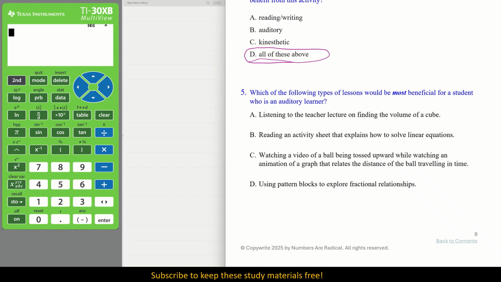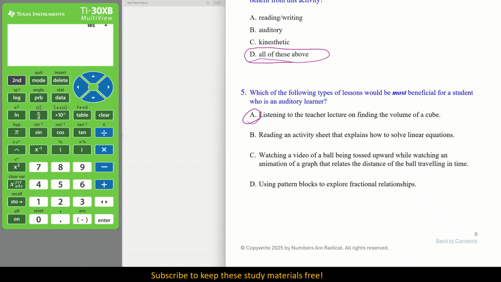So, A, listening to the teacher lecture on finding the volume of a cube. Well, there's more than just if they're lecturing correctly, there's also other elements in there. So, of course, because it says auditory and we're listening, I'm going to go with A, but I'm going to keep reading to make sure.